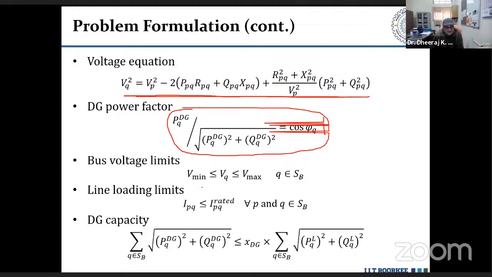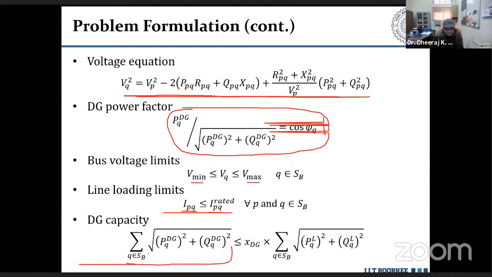The voltage at different buses should be within their respective minimum and maximum specified limits. Each line has a certain capacity, so current flow through different branches should be within their respective rated capacity. And this is the total DG capacity: the MVA capacity of one DG, and then the summation over all such DGs.